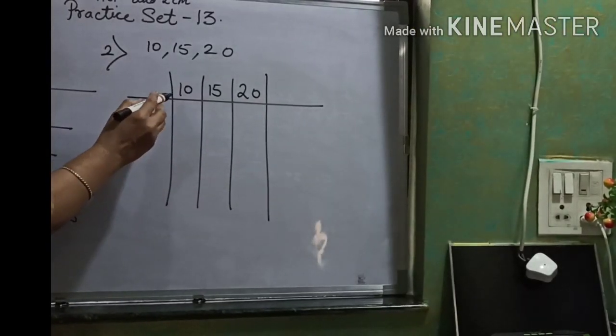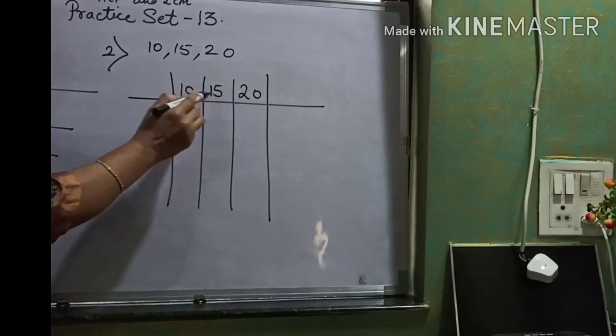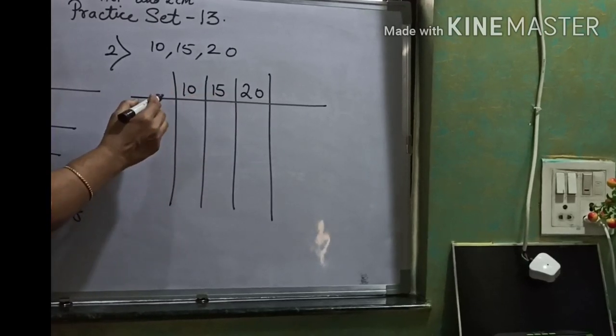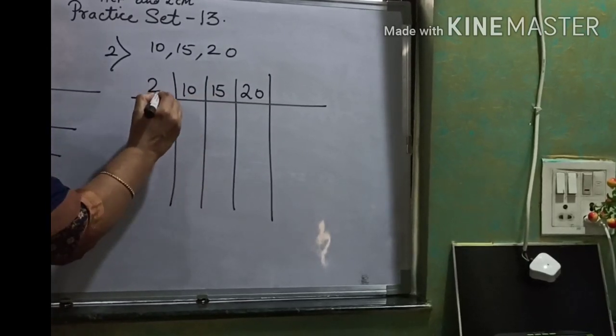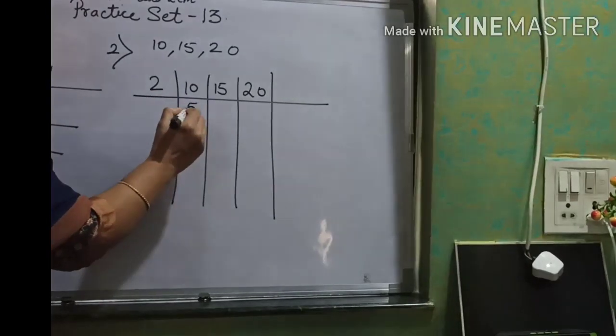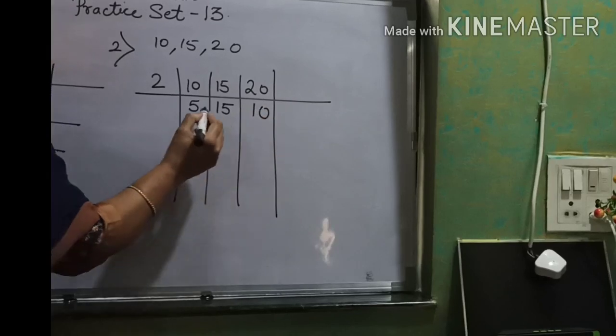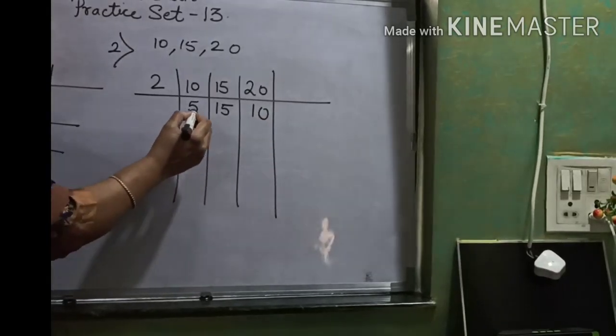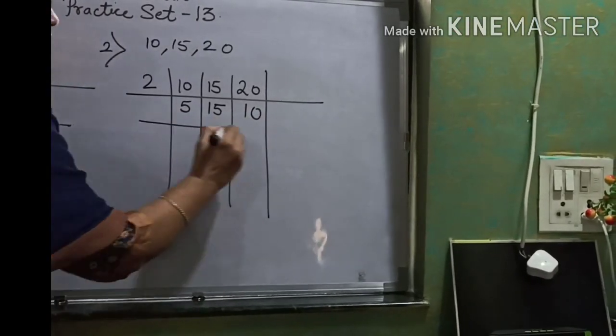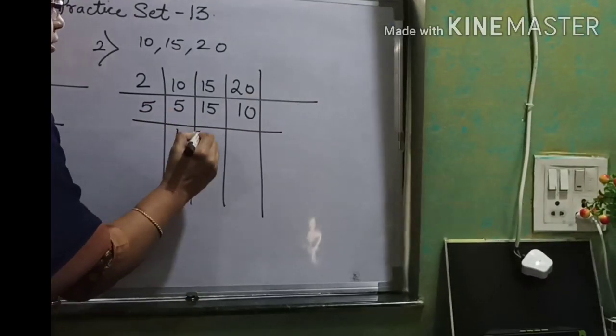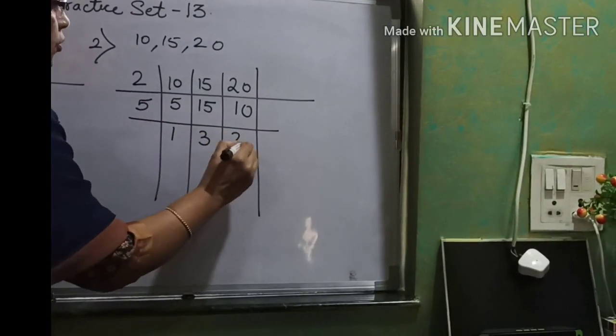First, at least 2 columns should be divisible by the same number. So if we take 2, 2 5s are 10, 15 is not divisible by 2 so we write it as it is, 2 10s are 20. Then further, these numbers come in the table of 5. So 5 1s are 5, 5 3s are 15 and 5 2s are 10.